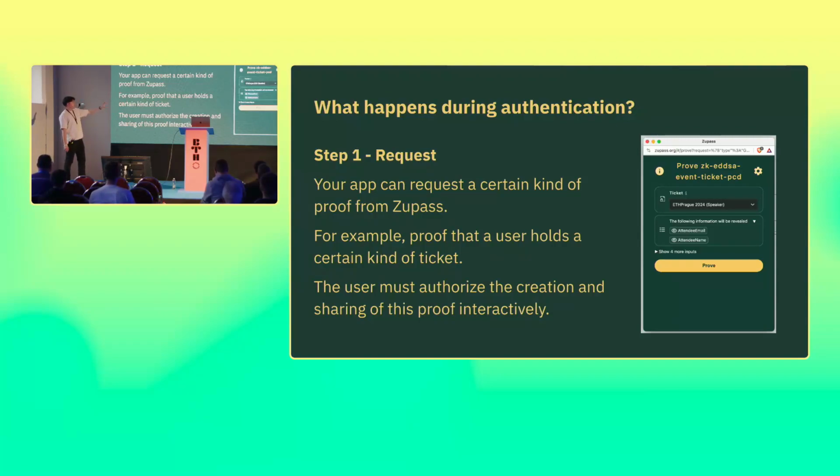Then after the user clicks prove, that proof is sent to another client or server, really anywhere that you want, and that ZK proof is verified. So essentially, you have an app that's requesting a proof from your Zupass, and the proof is being sent to a different app, which is verifying that ZK proof.